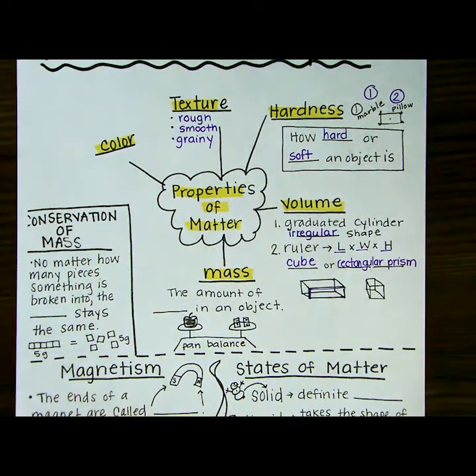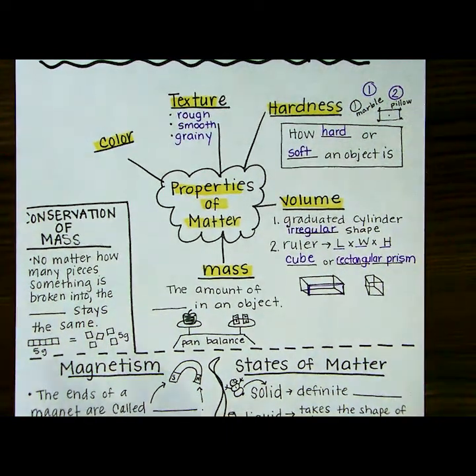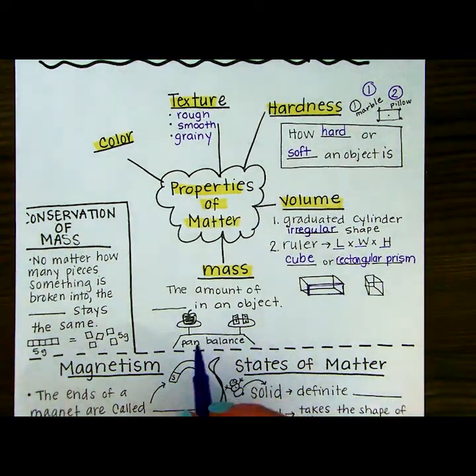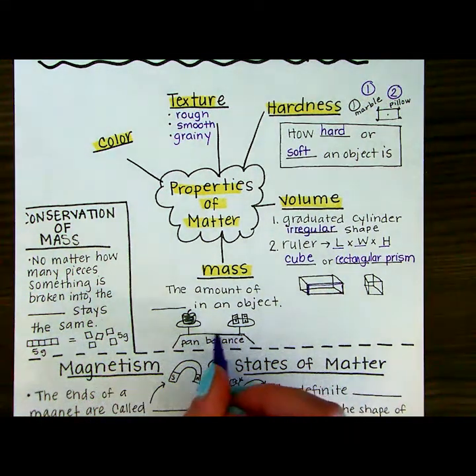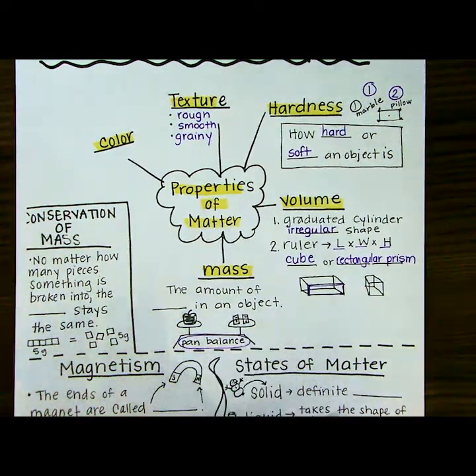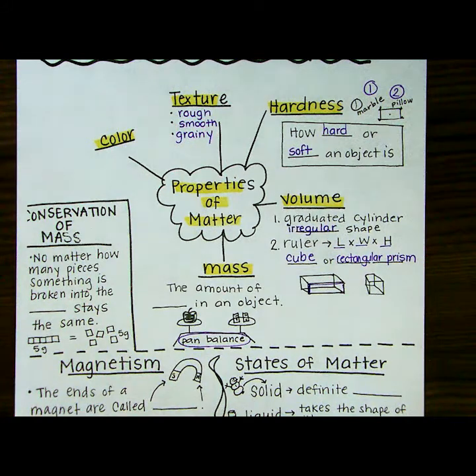The next thing that we talked about was mass, and we learned that scientists use a tool called a pan balance to find the mass of an object. But what is mass? Well, it's the amount of matter in an object.